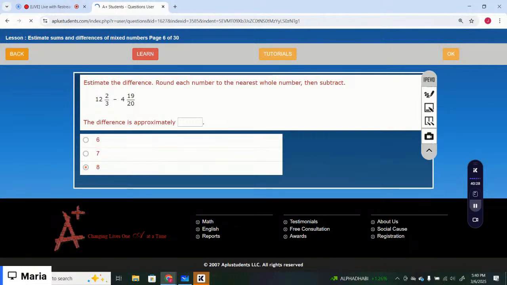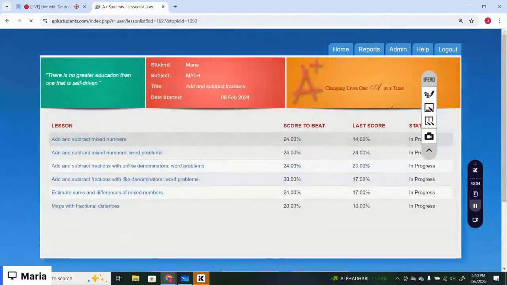Okay, you can complete the lesson by yourself later today. So we were working on grade 6 math. The chapter we were working on is add and subtract fractions.